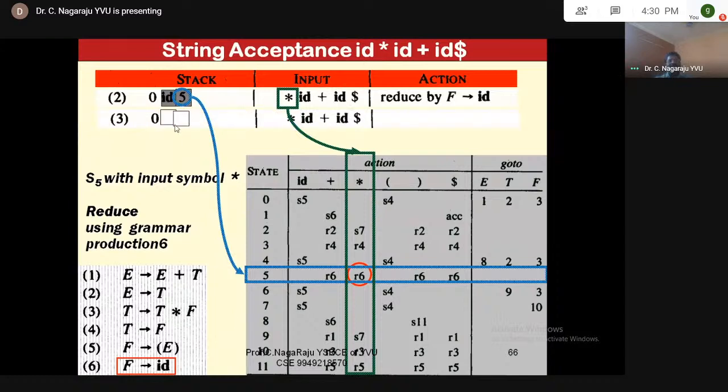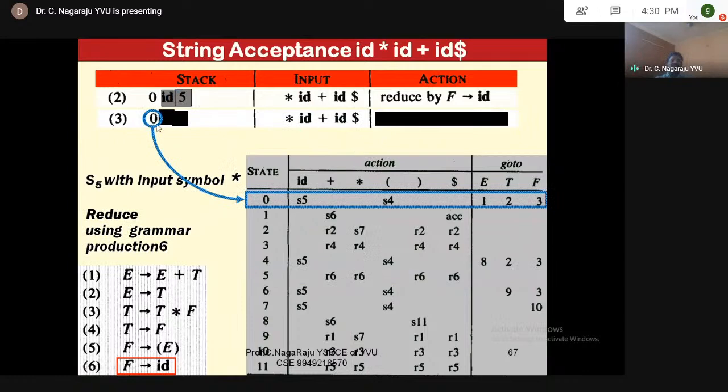Again you take the 0 state, push the 0 state, and next for the reduction F to ID, here is F. After the ID and state 5 we are getting the reduction, reduction 6. So at that place ID is replaced with F, so F comes like this.